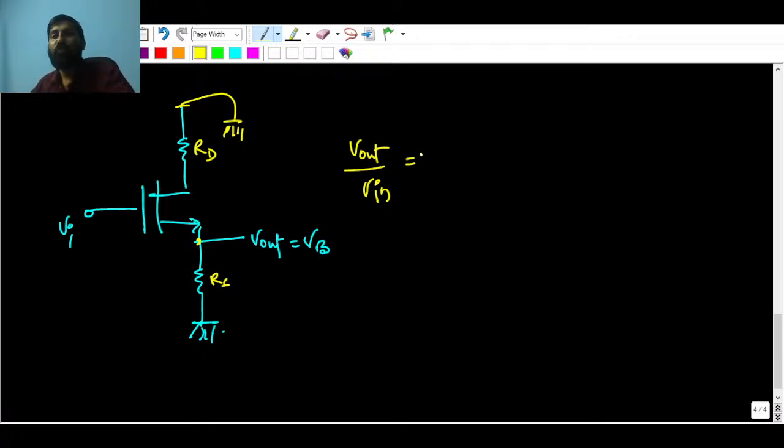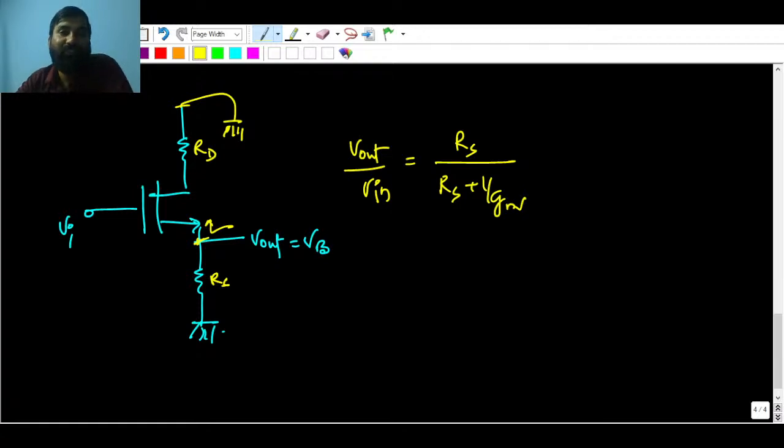So the common drain amplifier is a kind of voltage buffer as well, because it is also known as the source follower. Here the output is going to be RS upon, the resistance looking from this terminal to the ground is RS, and the resistance looking from here is 1 by Gm, and this is in series, so it is going to be RS plus 1 by Gm.